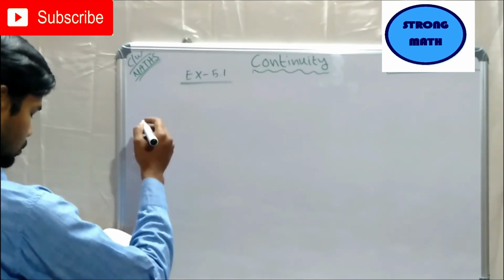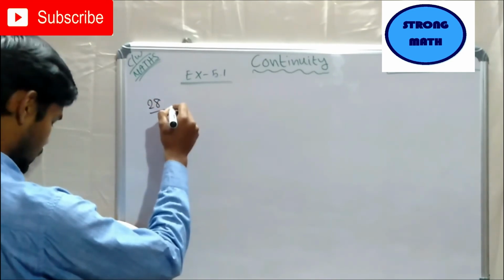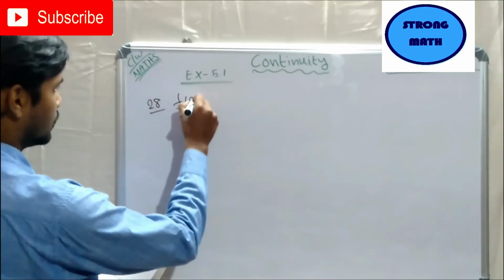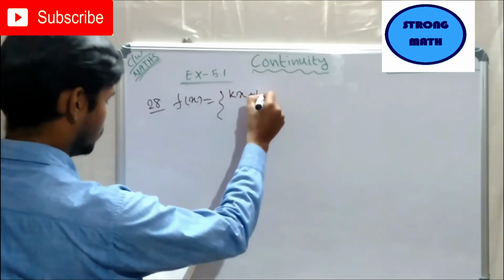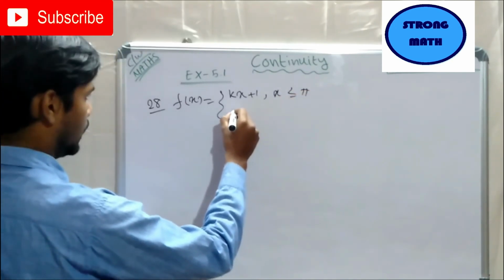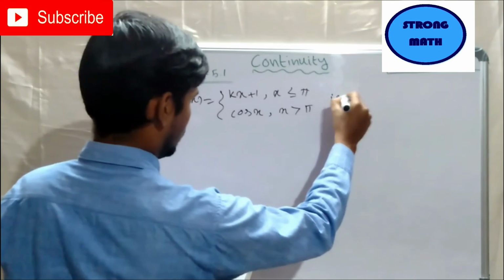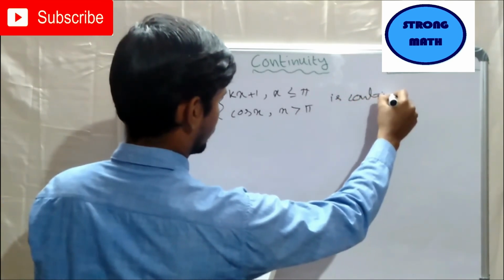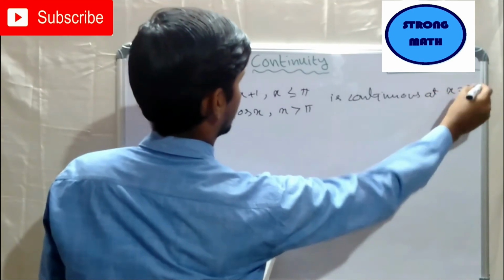Find the values of k. Question number 28: f(x) equals kx plus 1 if x is less than or equal to pi, and cos x if x is greater than pi, is continuous at x equals pi.